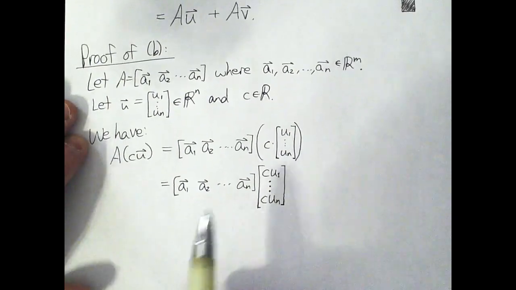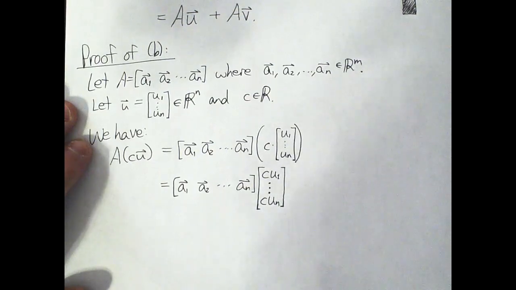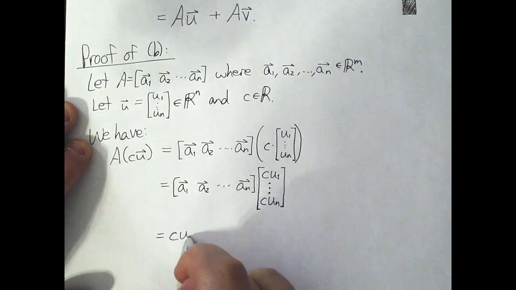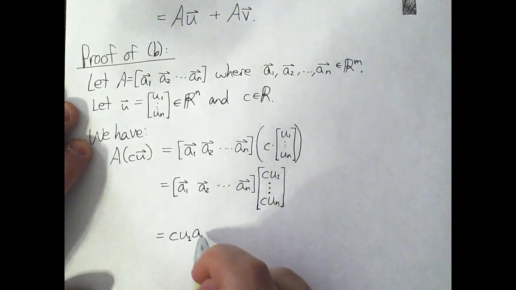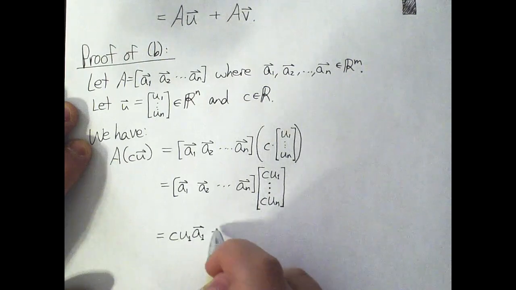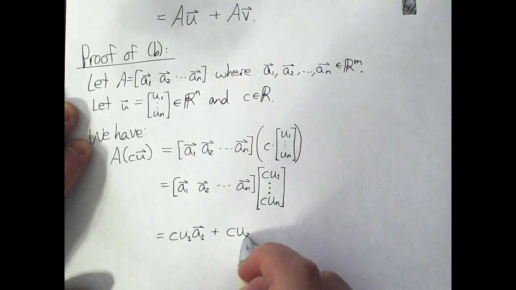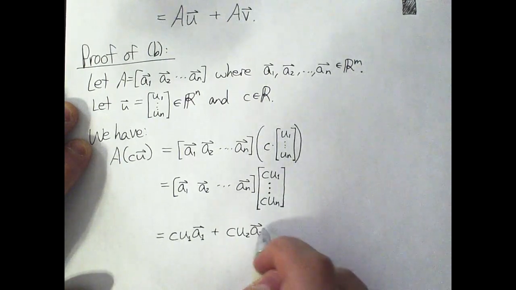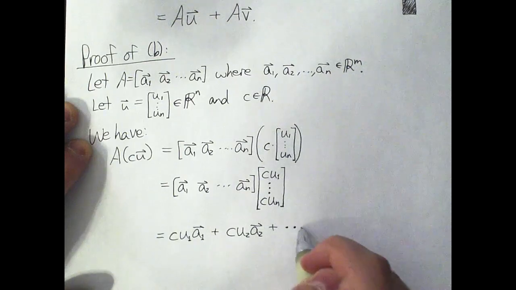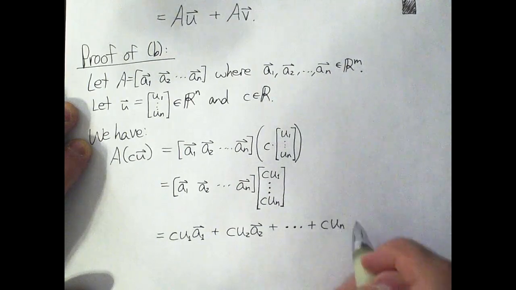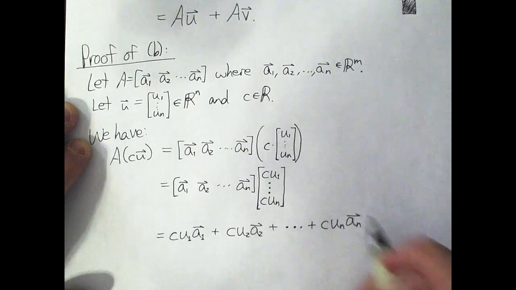We talked about the definition of a matrix times a vector at the beginning of this lesson. You take the first entry of the vector times the first column of the matrix plus the next entry of the vector times the next column of the matrix. Keep going until you get all the way to the bottom of the vector, and you're taking the last entry of the vector and the last column of the matrix.